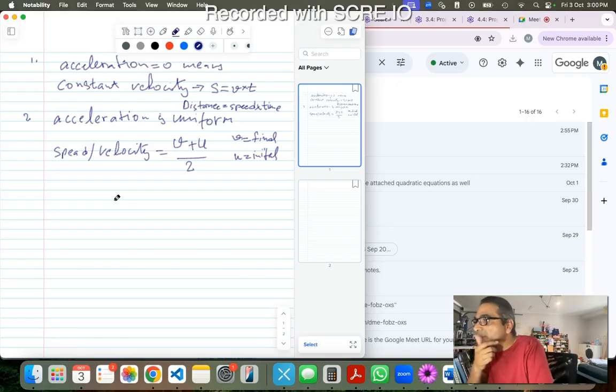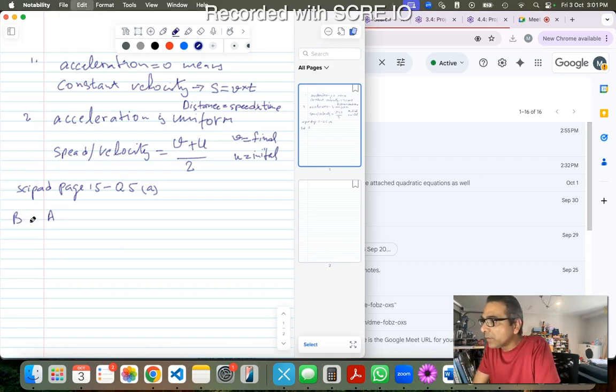what the question said, now just we can make sure that we understand that. So the question said, Skypad page 15, question 5, part A. It says for boat A, what is given?